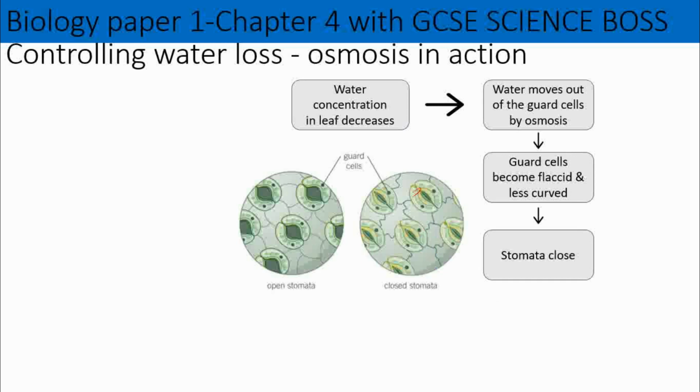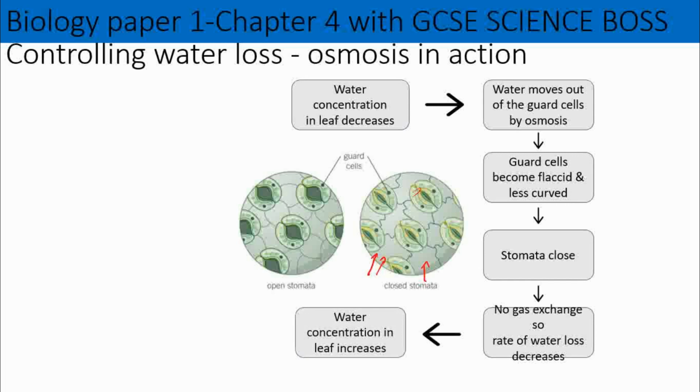When the stomata closes, there's no exchange of gases, and therefore water loss decreases. Remember that water is being pulled up, so eventually the water concentration inside the leaf increases, and when that increases, water then moves into the guard cells by osmosis. The guard cells now become turgid.